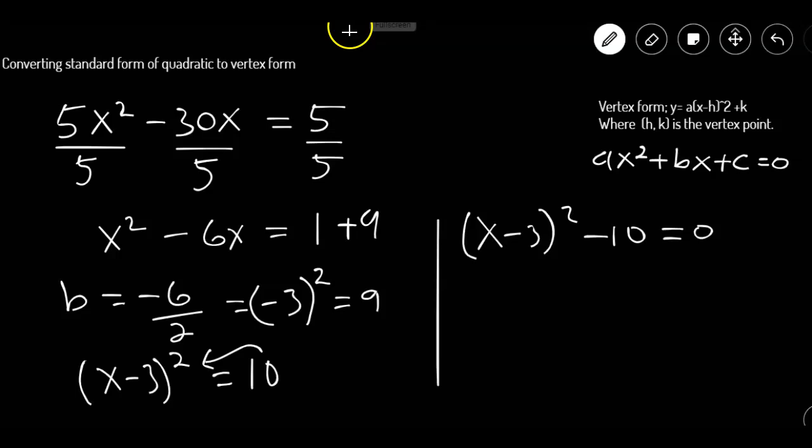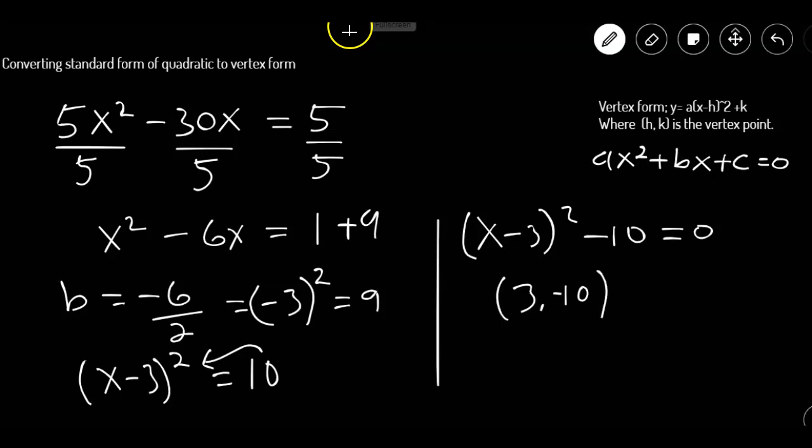So now we have learned the vertex form. And if you're looking for the vertex point, that becomes 3, negative 10 as the vertex point.